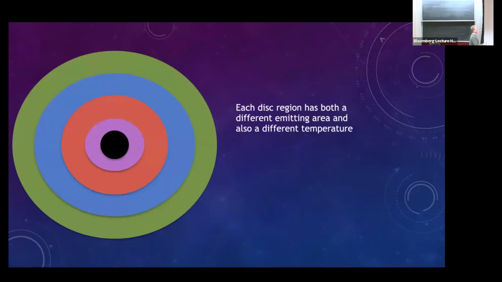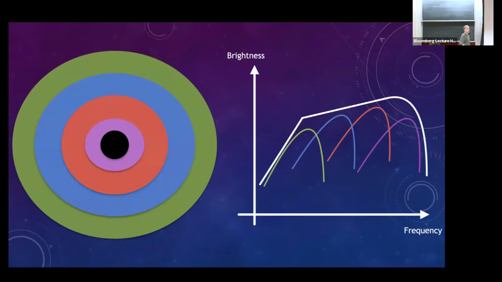So you end up with something that looks like this. You have a series of annuli in your disk, each with a different temperature and area. My flow will evolve dynamically, the temperature will change, the size of my disk will change, and I'll get a sequence of local thermal spectra, which will give me some integrated SED that I see in my telescope, and this will vary with time.